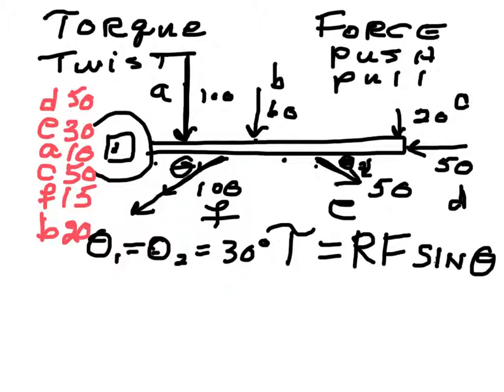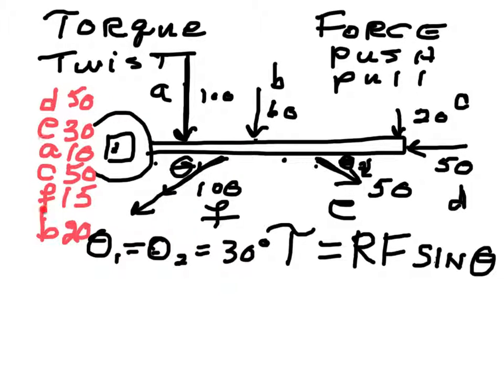And so I have D and C both at 50 centimeters. That doesn't look exact, but close enough. And E right here, a little more than halfway, so that's 30 centimeters. And then B, about 2/5 of the way, so that's 20 centimeters. And A at 10 centimeters, and F halfway between at 15 centimeters.